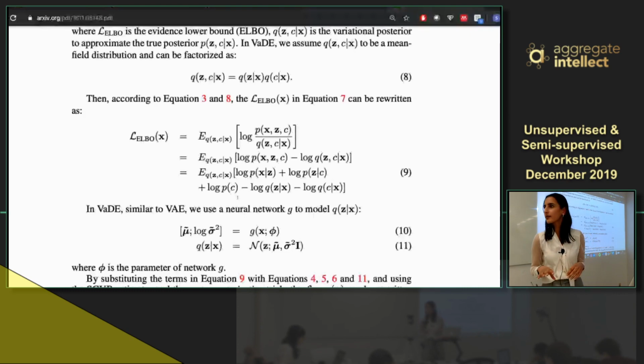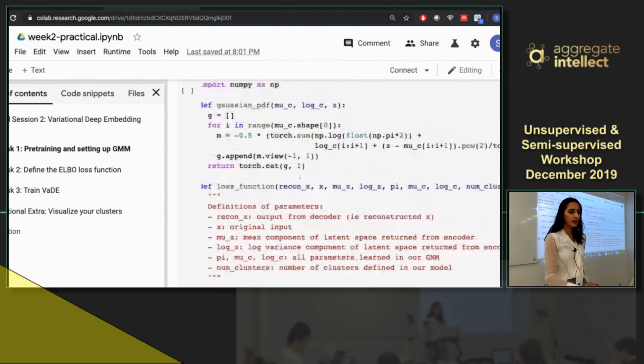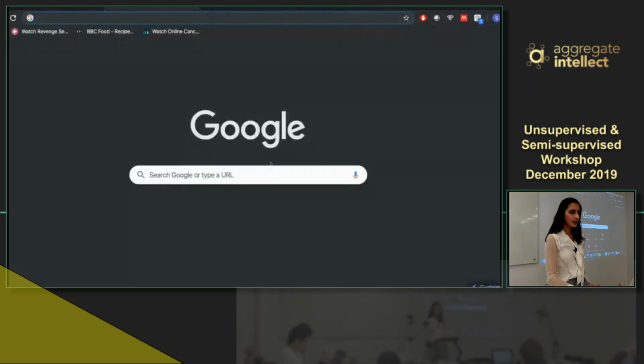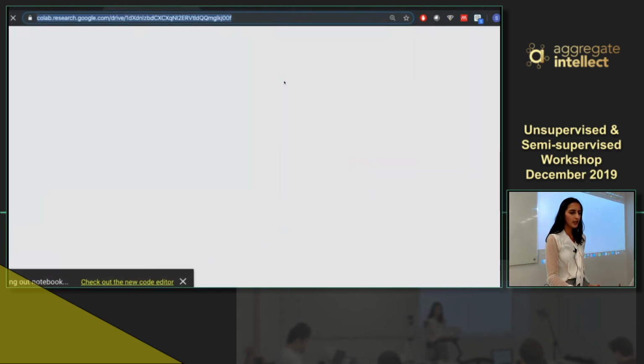All right. Great. Okay, so you guys have had a little bit more time to get familiar with the loss function now, so we've updated the Colab file again. I think this might be the last time we update it before we give you the final solution. I've just filled in the Gaussian PDF function there.